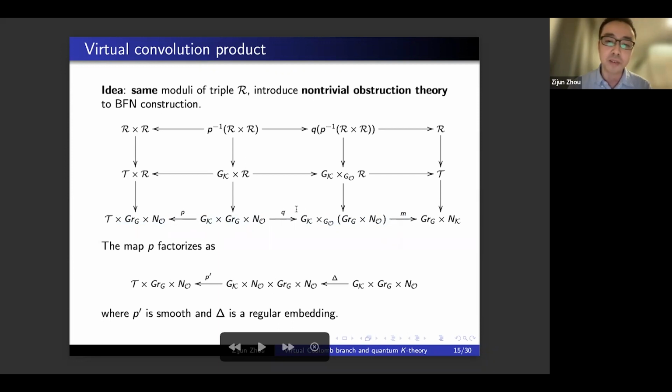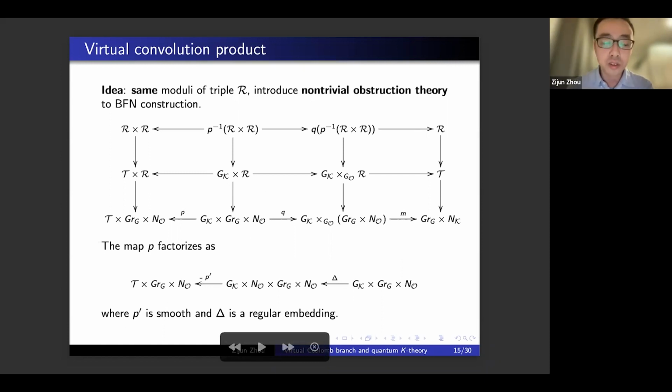Of the other maps, this q is a smooth projection, this p' is a smooth projection, m is a proper map which we use to do the push forward, and this delta is a diagonal embedding of this N_O into this double product of N_O. Because N_O itself is smooth, this delta is a regular embedding.